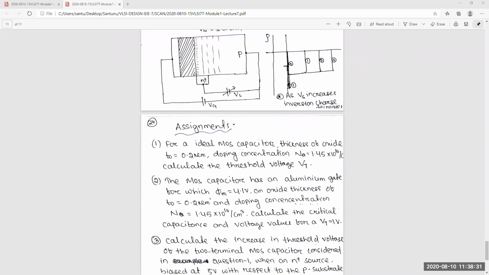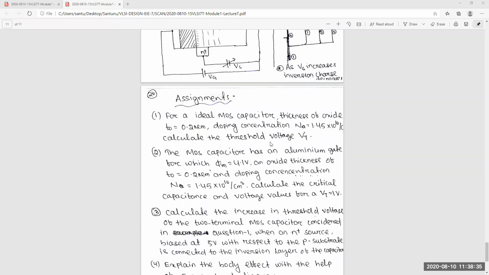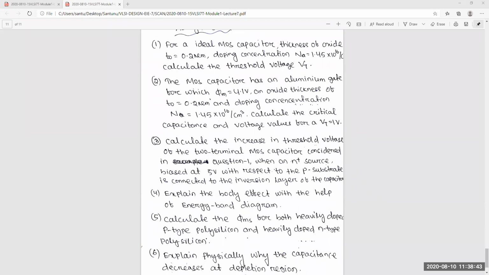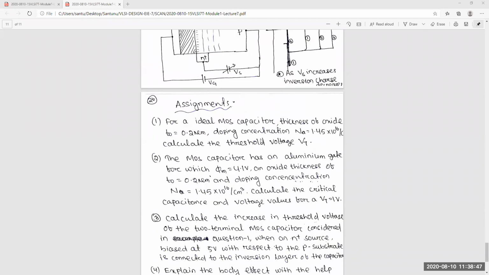So now this is the assignment actually. Assignment means you have already done these things. So whatever formulas are there, whatever you have understood, just apply this and do this. So next class you can submit. Next class means, actually, tomorrow is a holiday.